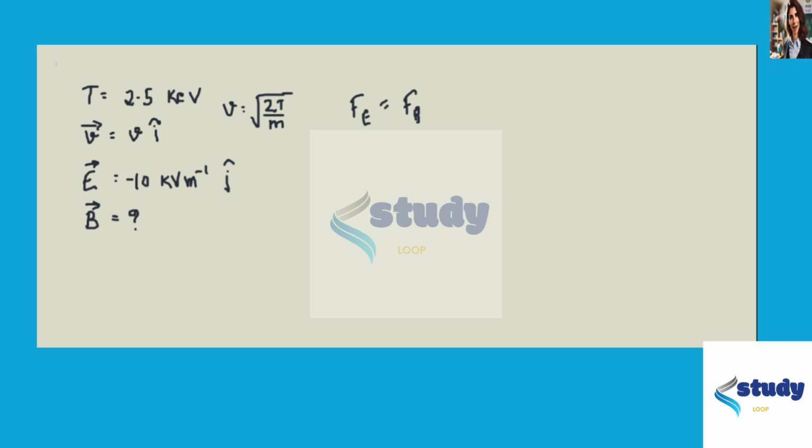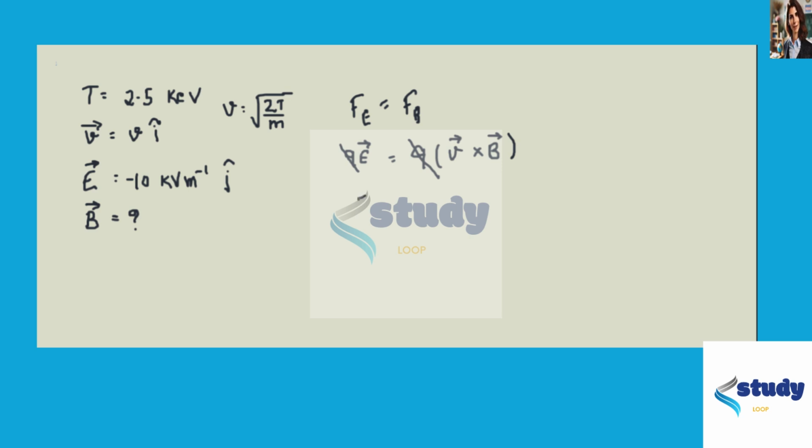So minus QE equals Q times V cross B. So Q and Q cancel with each other.